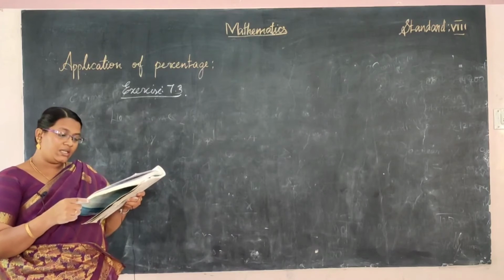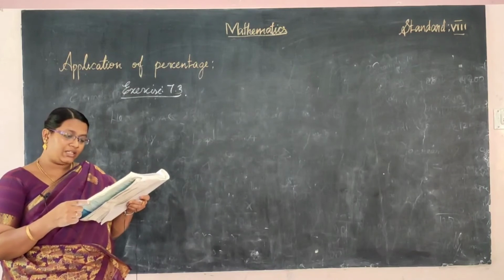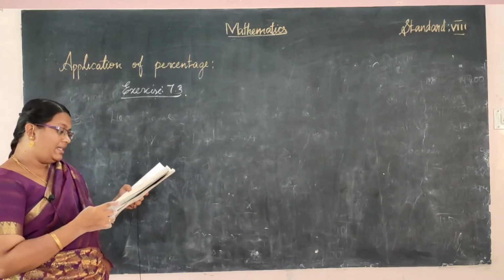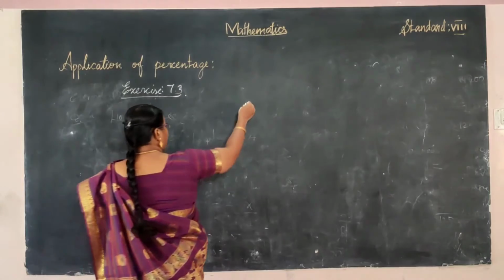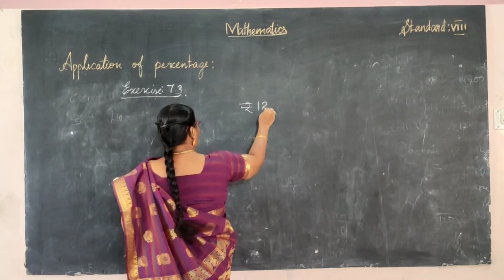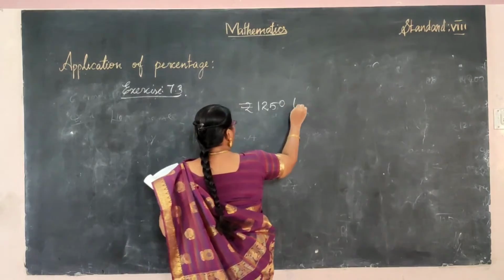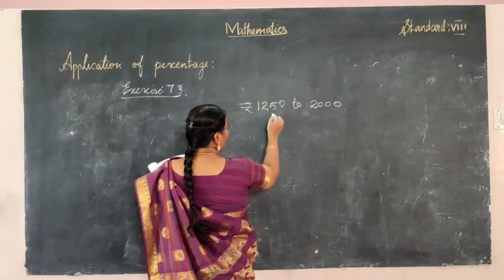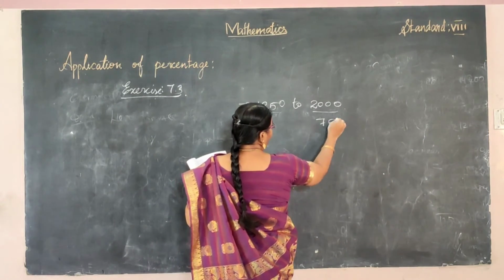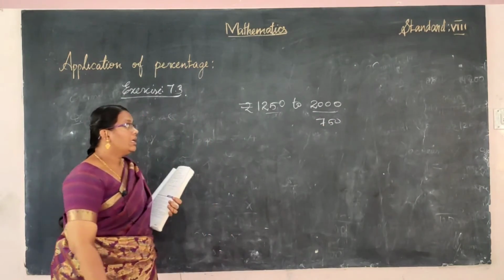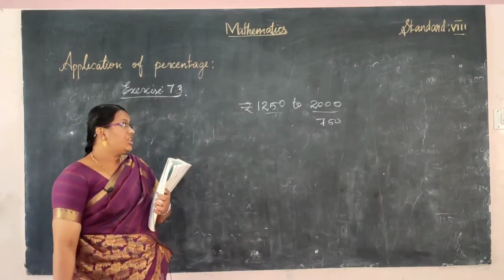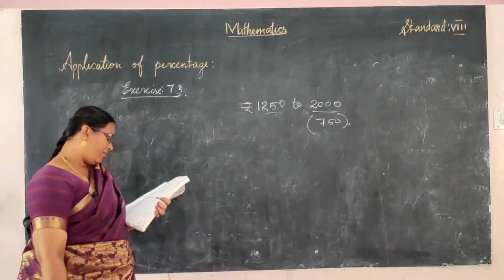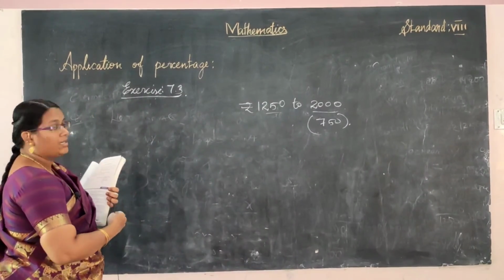Here it is asking the increasing percentage. So how many rupees increased? 750. We have to find the difference between the increased value and the initial value. So the increased price is 750.